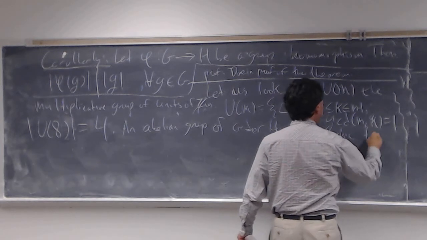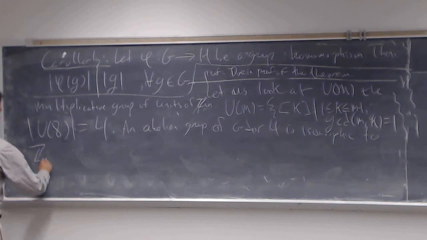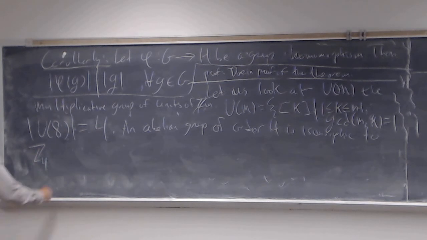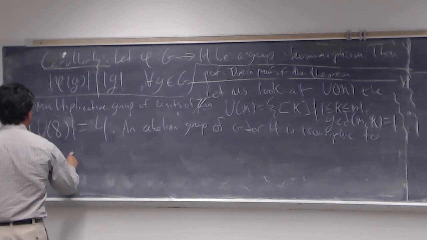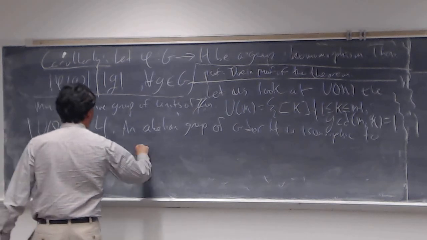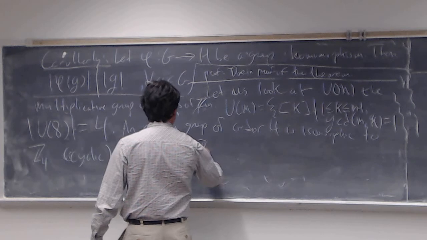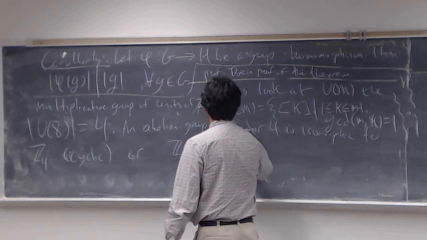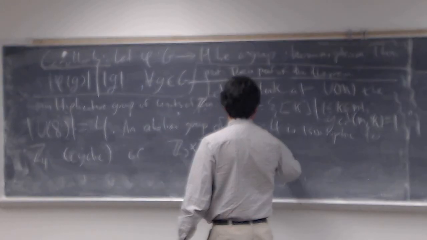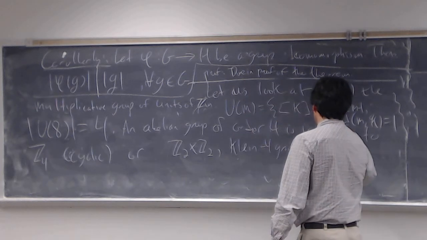It's isomorphic to either Z4, which is cyclic, or Z2 cross Z2, which could be thought of as the Klein 4 group. Each element is its own inverse.